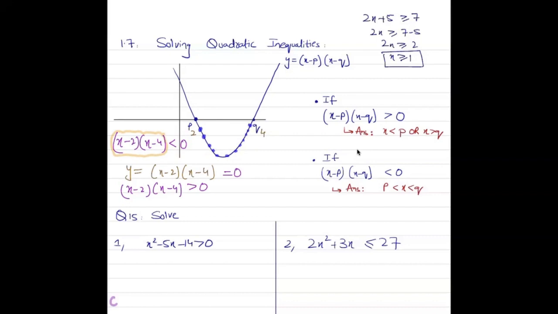So can I say that if the values of x are between 2 and 4, I will get the value of the quadratic curve to be negative? Can I say that? Yes, sir.